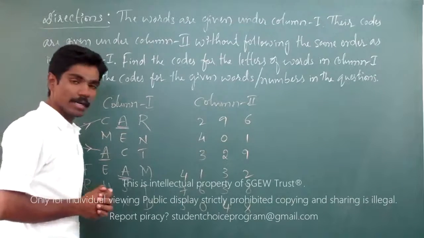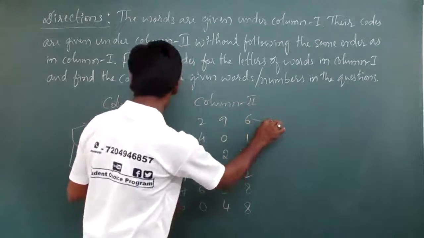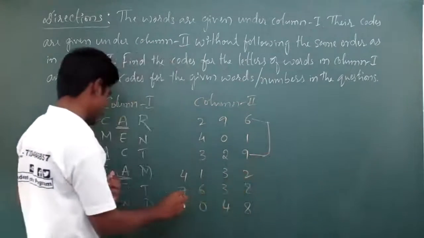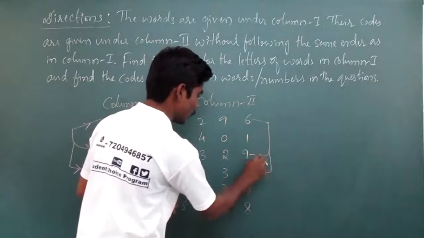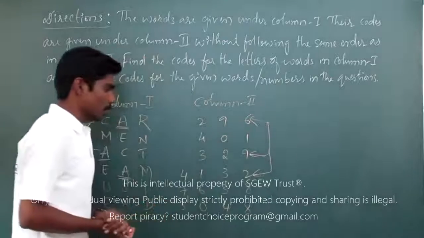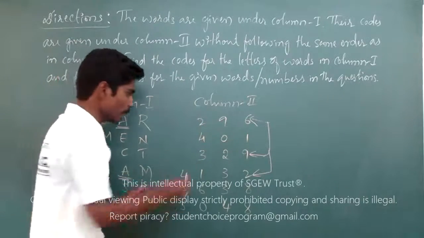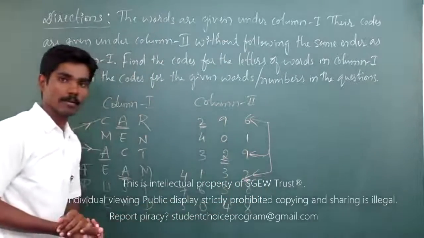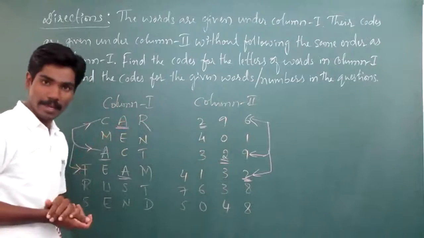Let me consider these three numbers: 296, 329, and for TEAM it is 4132. When you look in these three numbers, the number 2 is common. So the number 2 is the code for the letter A.